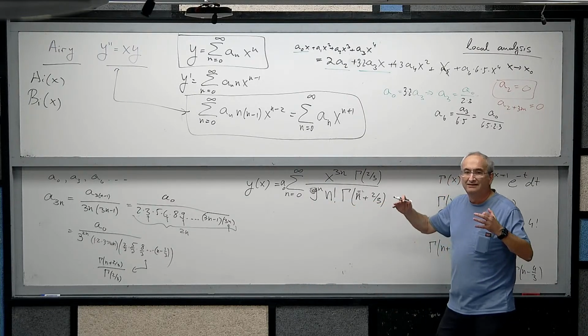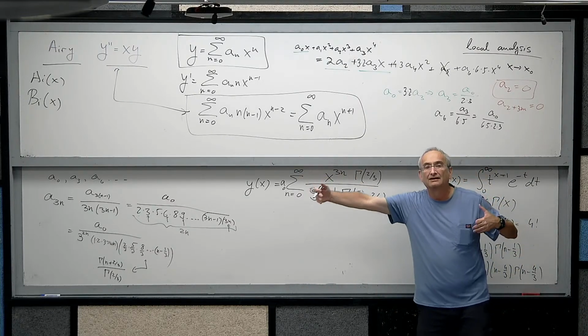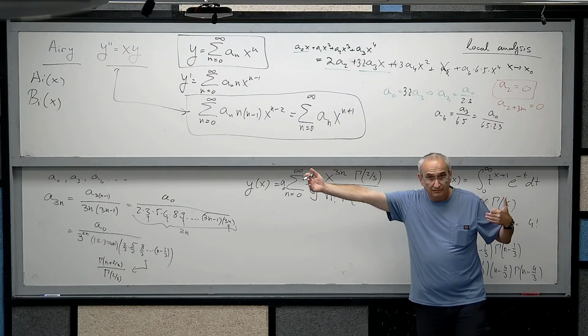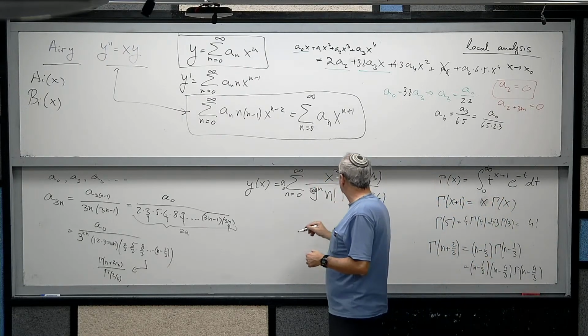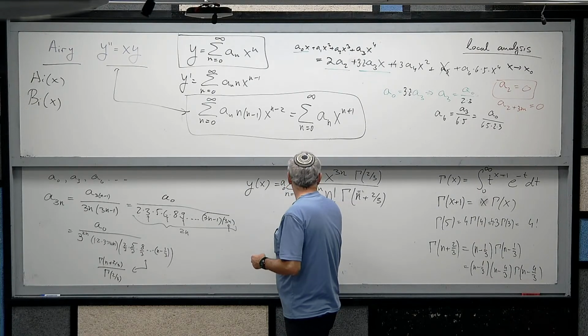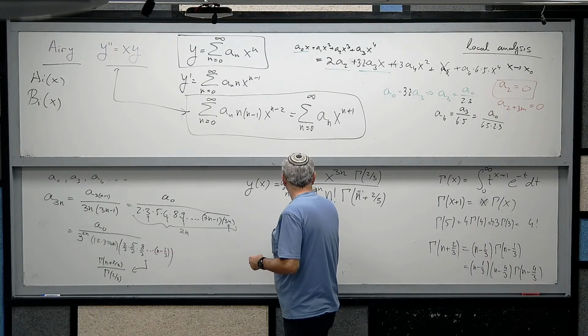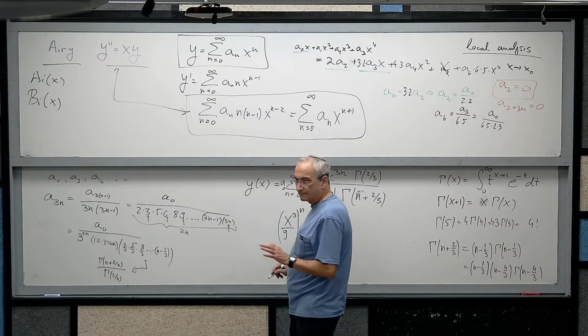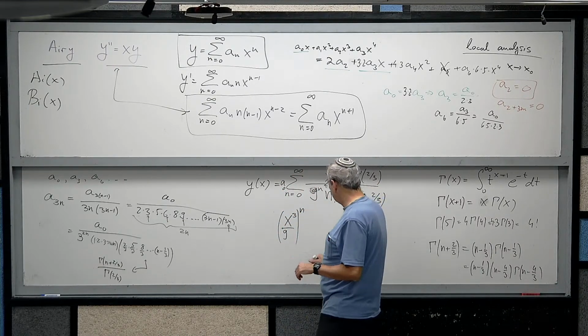So if you just want to ask whether or not the n-th term for large n blows up, how does the n-th term look like here? We have x cubed over 9 to the power of n, right?